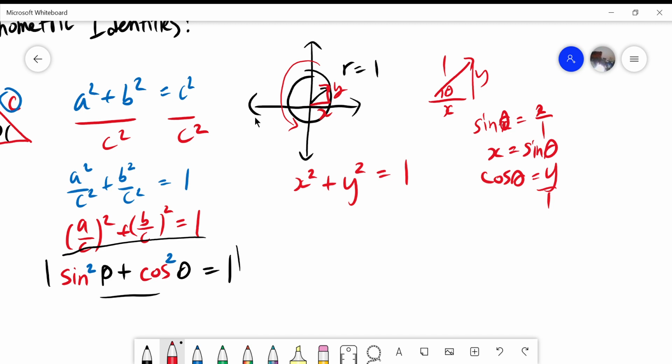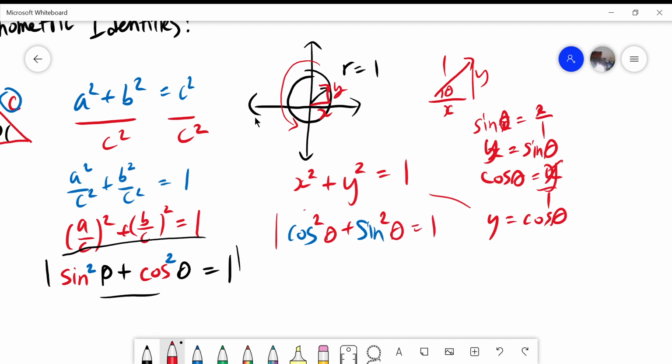Right, no, we messed it up. This is y actually, and this is x. Cosine is x. So therefore y is equal to sine theta. And we can just substitute this into this formula and we get cosine squared theta plus sine squared theta equals 1, and we get the same result.